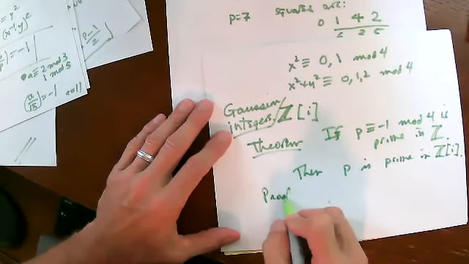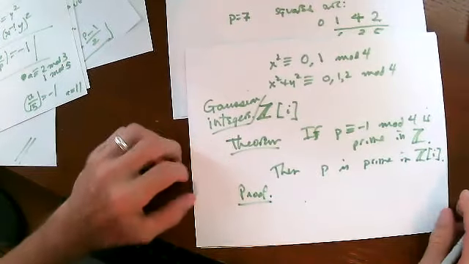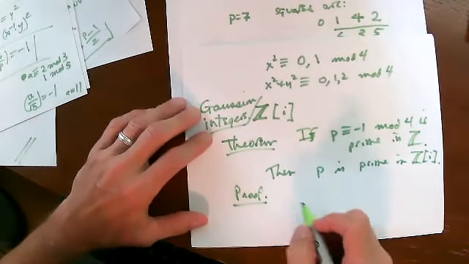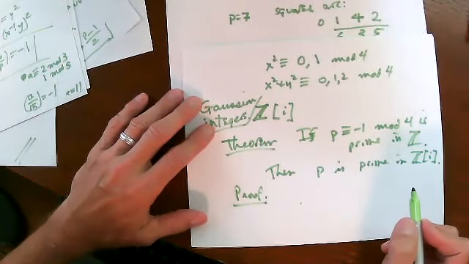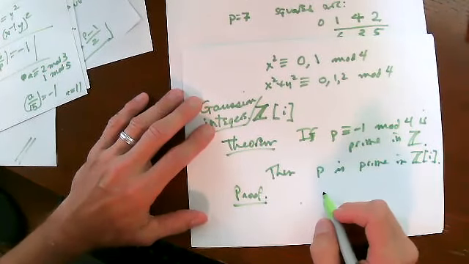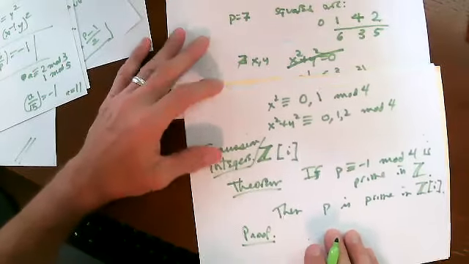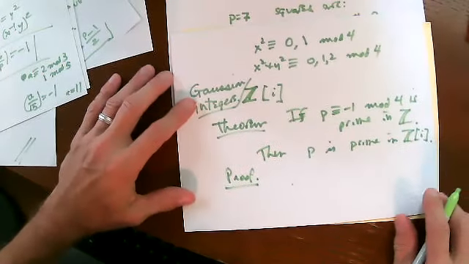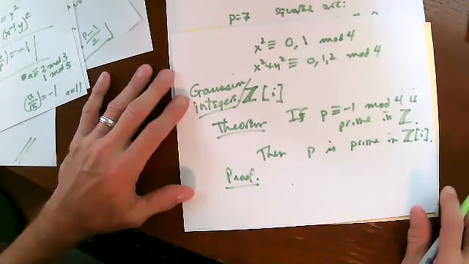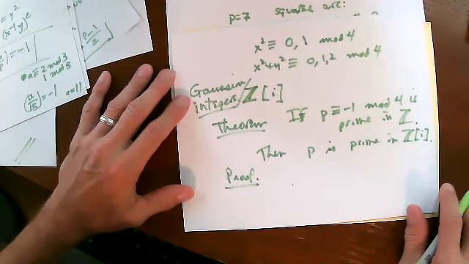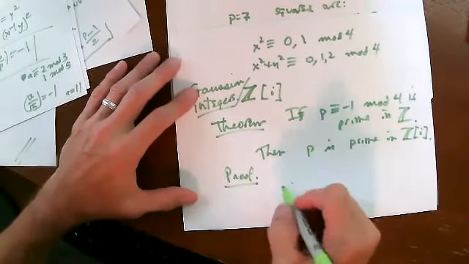Because, let me remind you of how we had Euclid's description of primes early in the semester. Let's write it this way.